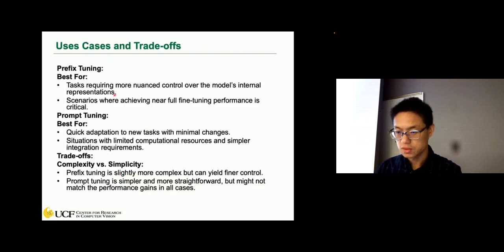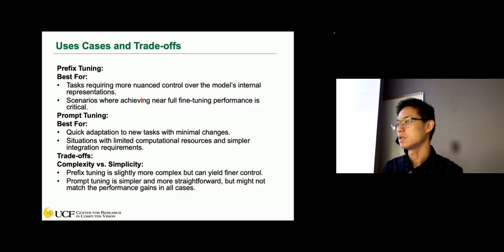Here are some use cases: when it's better to choose prefix tuning, and when we can choose prompt tuning. For prefix tuning, in general, it's best for tasks that require more nuanced control over the model's internal representation, because prefix tuning applies to all the layers of the transformer block.